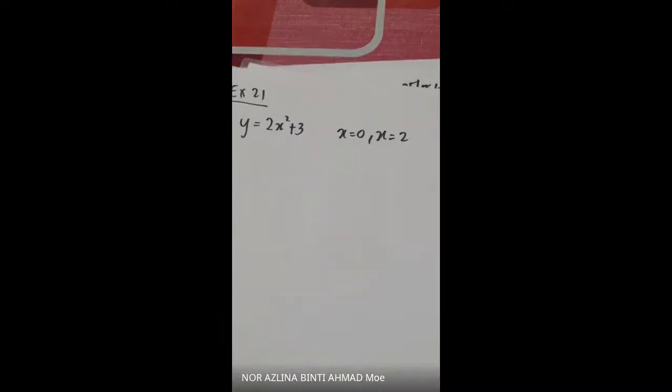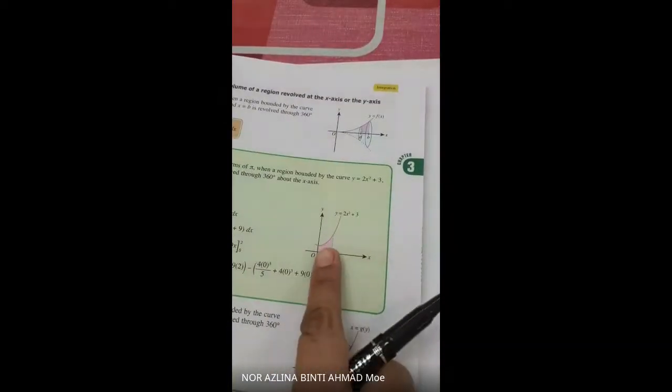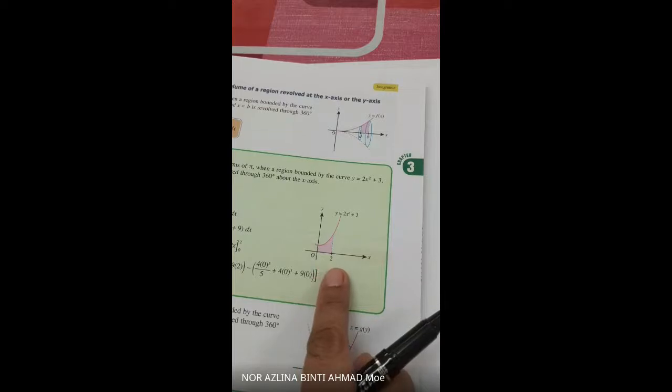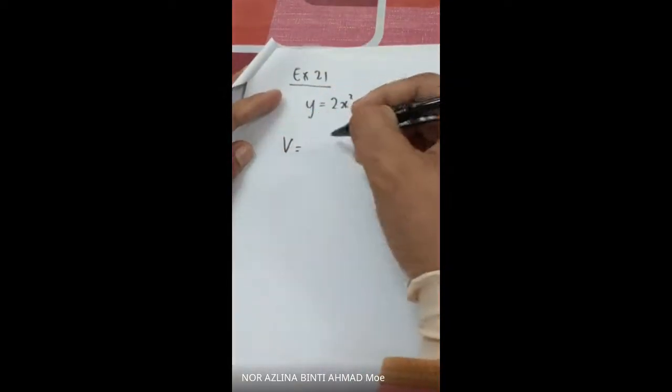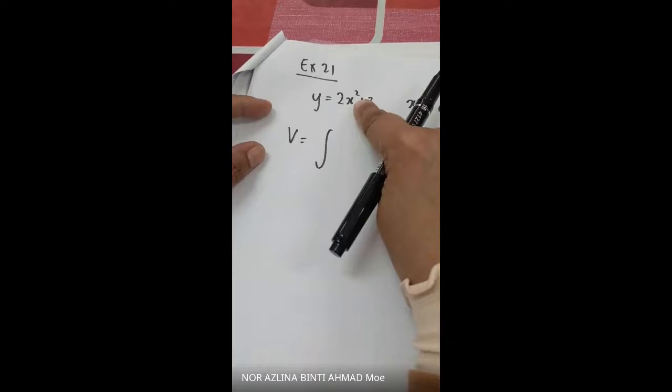So actually the graph is like this, okay? But sometimes students don't know how to draw the graph. So never mind. You just find the volume, and the question want you to get the volume for this curve.